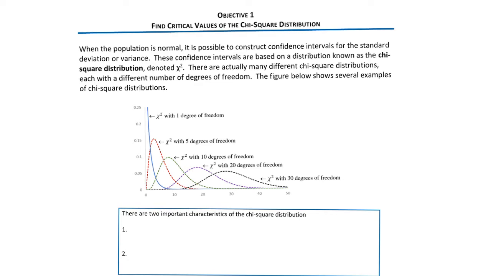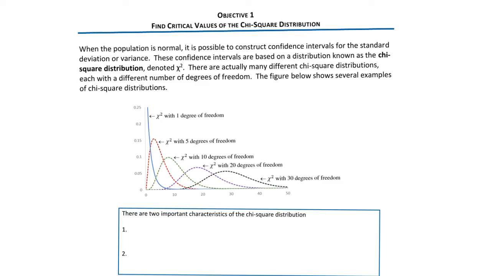Most confidence intervals constructed in practice are for means and proportions. When the population is normal, it is possible to construct confidence interval for the standard deviation or variance. These confidence intervals are based on the distribution known as the chi-square distribution.